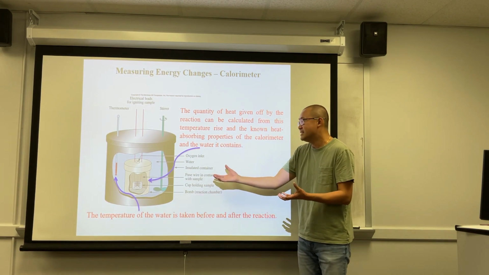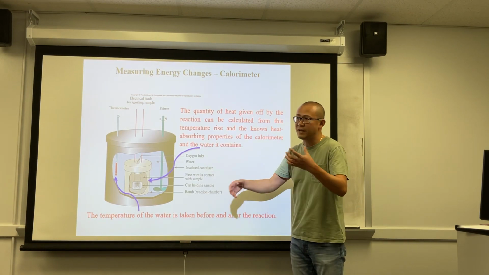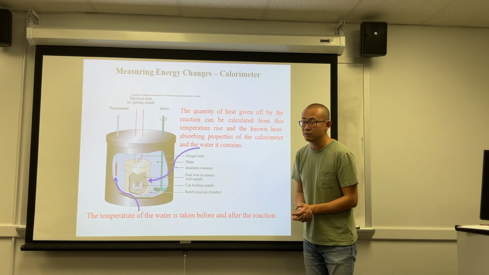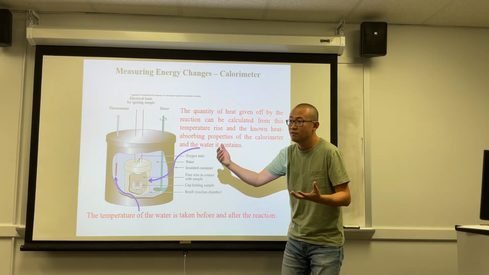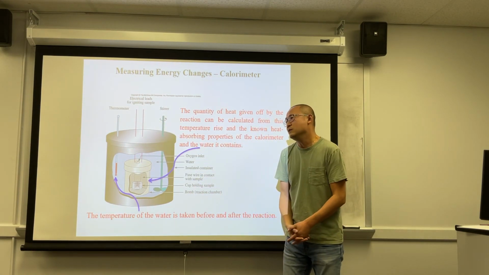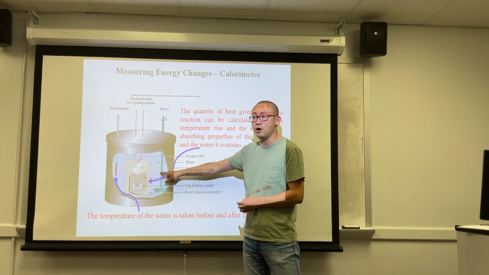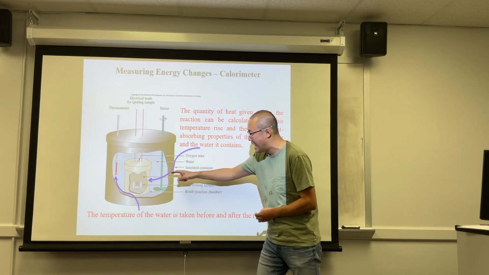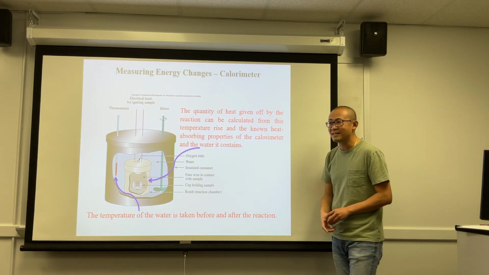For example, let's say 1 degree absorbs 40 kilojoules of energy. If the temperature rises by 3 degrees, then we use 40 times 3, and we can figure out how much energy is absorbed by the water. And that amount of energy is the same as what the reaction released. Does it make sense?